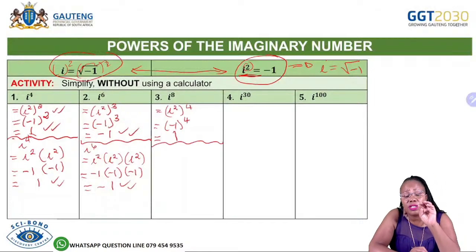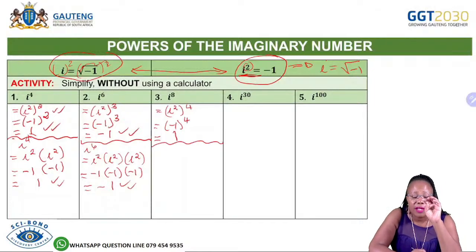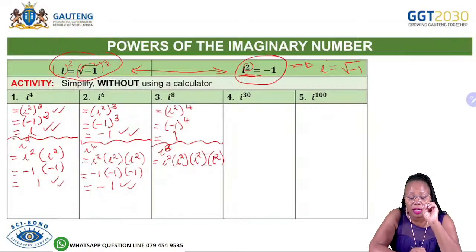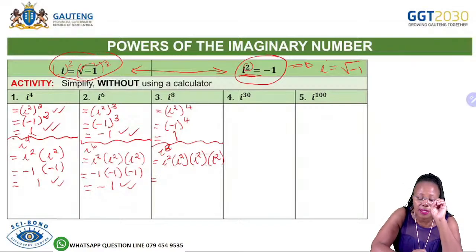Let's look at the alternative now. We are having i to the power 8. That means i to the power 8 is equal to i to the power 2, that's the first 2, i to the power 2, i to the power 2, i to the power 2. How many do we have? 2, 4, 6, 8, because we are adding exponents when we multiply the same base.